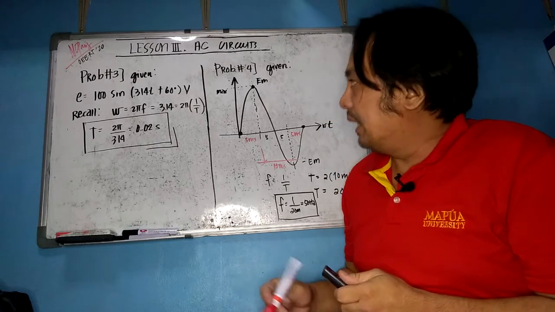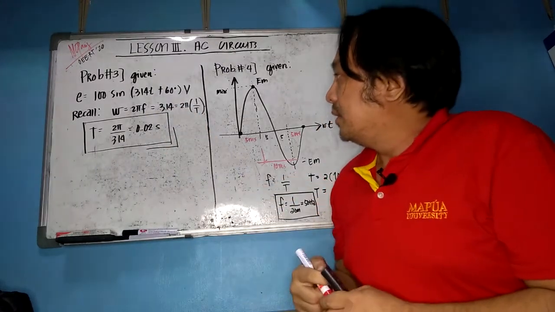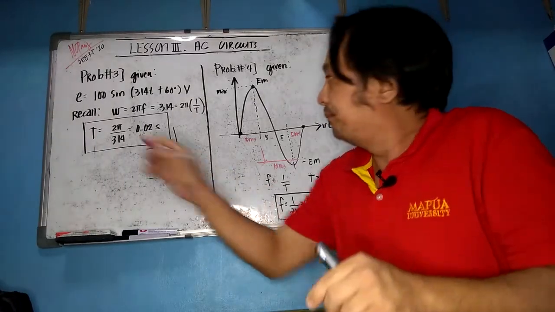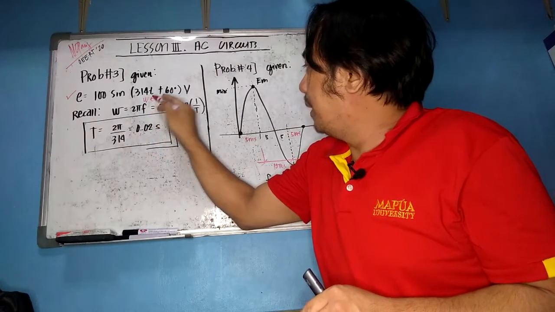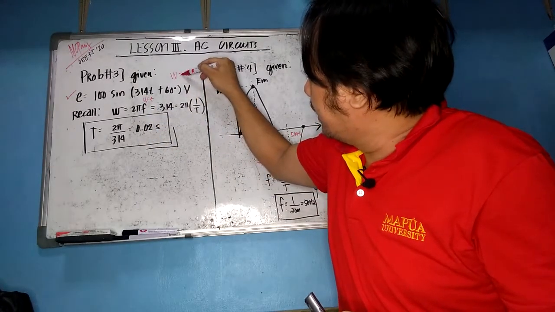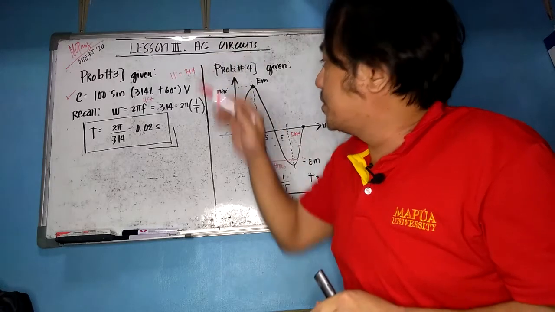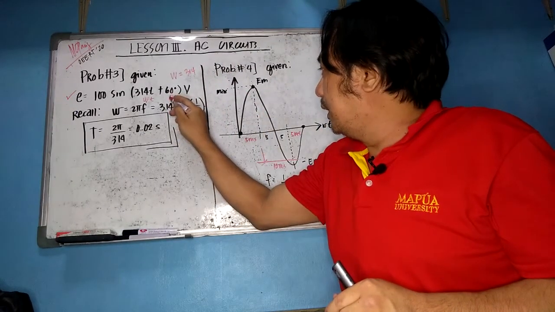Let us have first the given. This is the instantaneous voltage e, and that is the omega t. The omega here is 314 radians per second, and this is the angle theta.